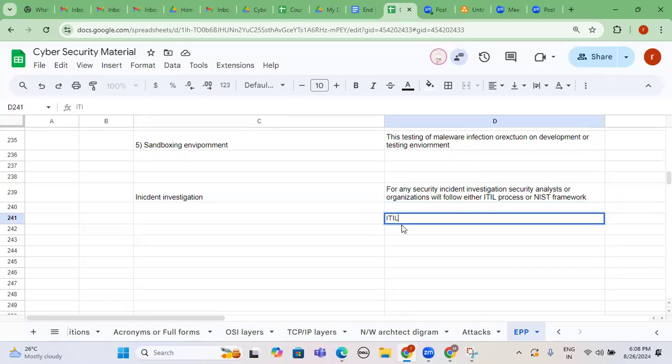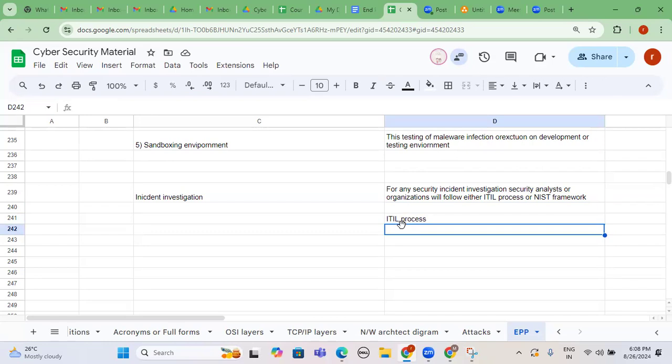So the ITIL process is the incident lifecycle management process. Whenever any security incident is received, we follow a couple of phases basically. That particular process we call the incident lifecycle management process.